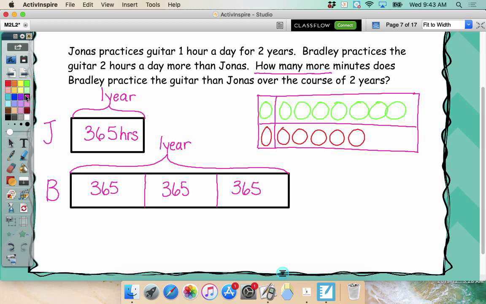Okay? And then things got more complicated. Sometimes you would have a key at the bottom of your graph, and it would say 1 apple equals 2 votes. Remember that kind of stuff? So then you had to count by twos, okay? But we're not talking about that right now.